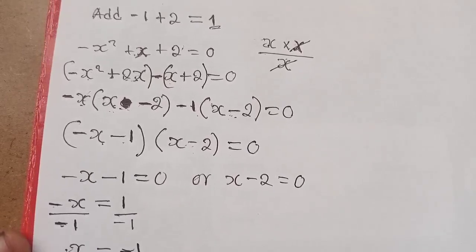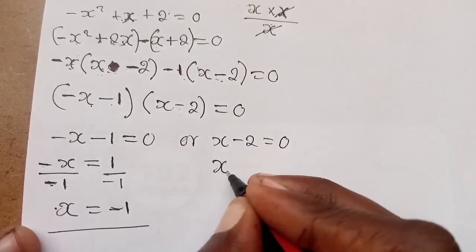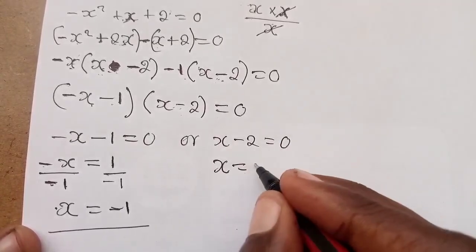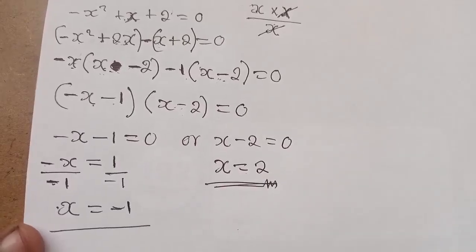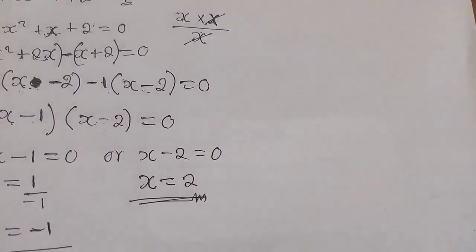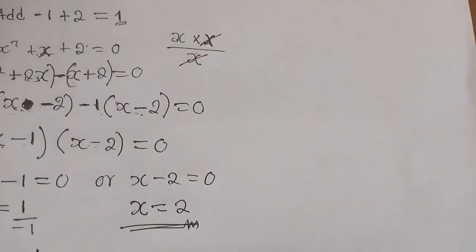Here x minus 2 is equal to 0, so when 2 comes this side, it is +2. So these are the answers that you are supposed to find.